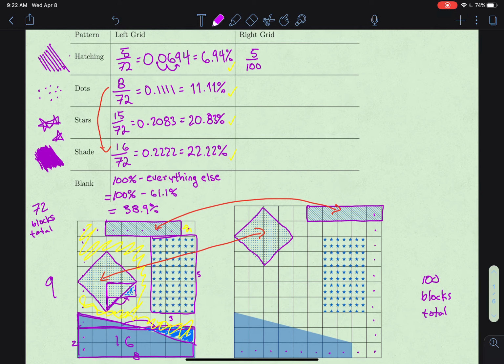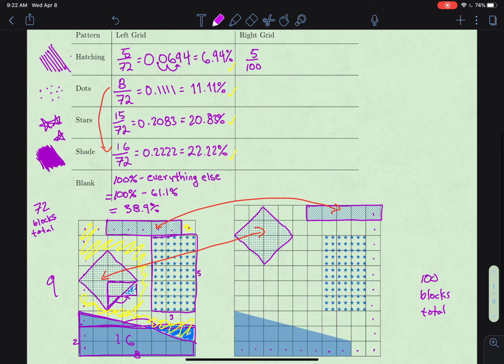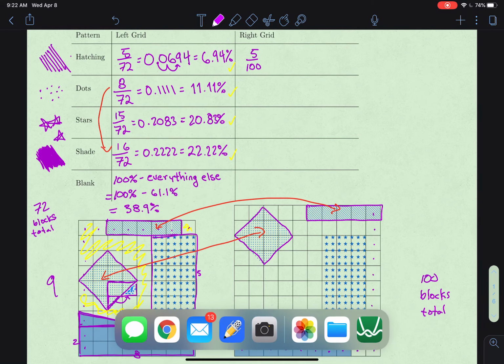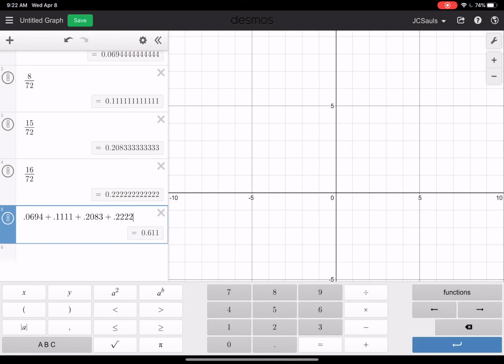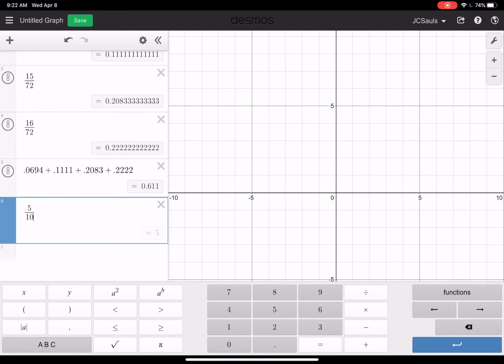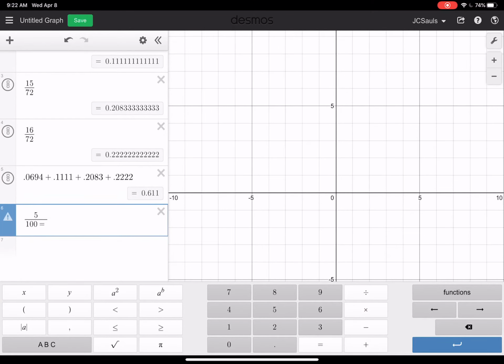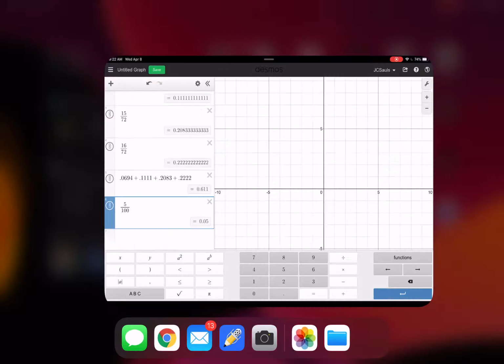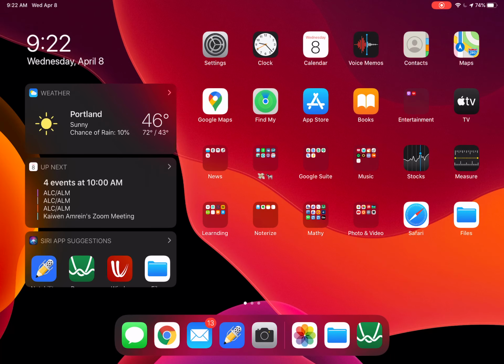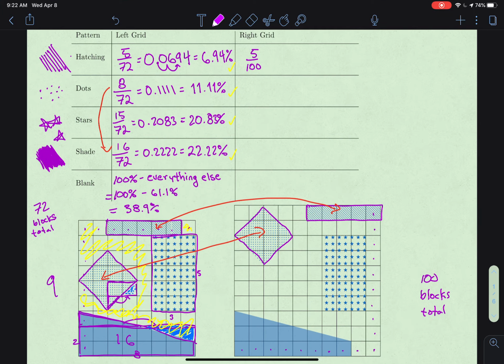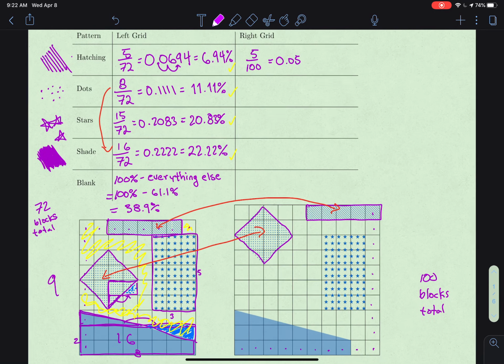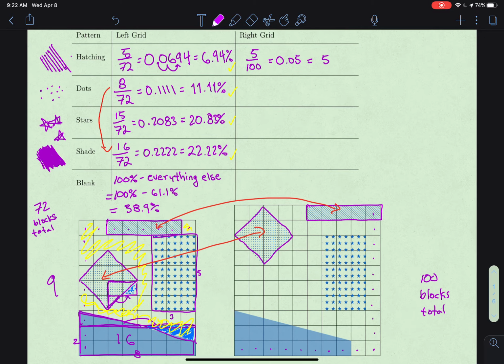The number on the bottom of the fraction represents how many you have total. We have 100 total. If you divide 5 by 100, you get 0.05. If you multiply that by 100 to get the percent, you get 5%. So you see there's no trick here.